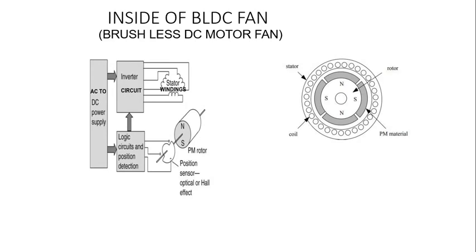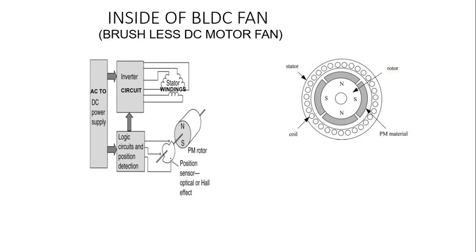When the power is in the first coil, the area under that coil gets magnetized. So the rotor gets attracted to that and goes there. When the power goes to the next coil, a similar thing happens. So the rotor starts rotating and going near the second coil. Then the power shifts to the third coil.